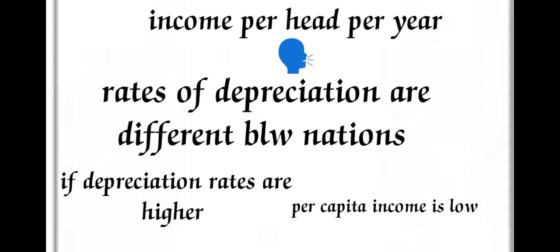Next, whenever the depreciation rate is increasing, the per capita income of a particular nation is decreasing, because we are deducting the depreciation from the GNP. So the net national product will also decrease.